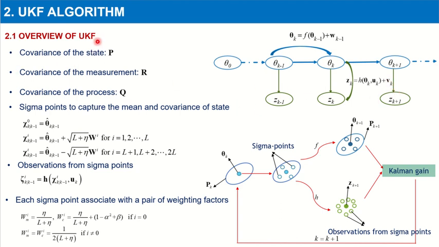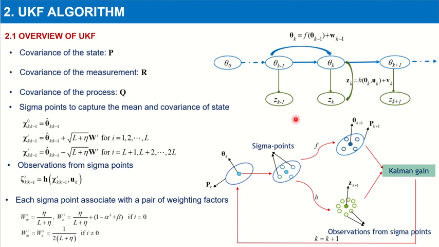For the UKF algorithm, we use the sigma points to capture the mean and the covariance of the state. The UKF algorithm uses the sigma points to predict the state and its covariance matrix.